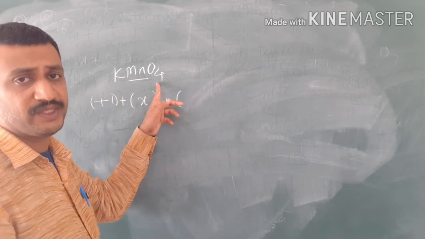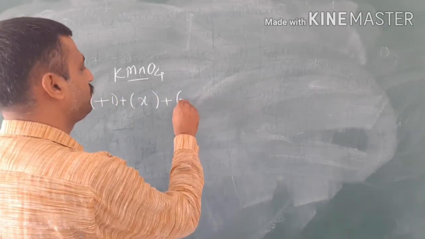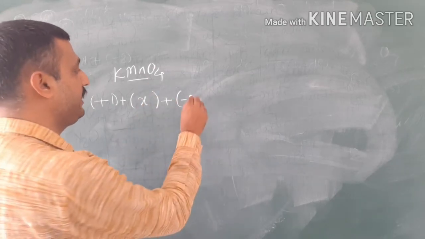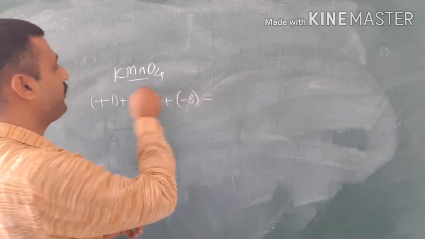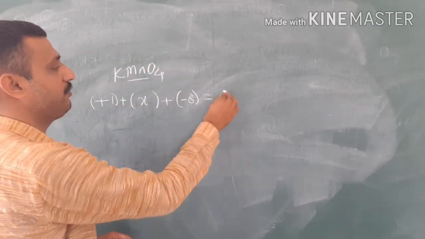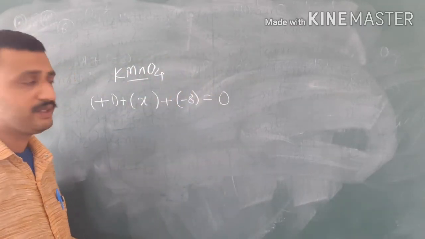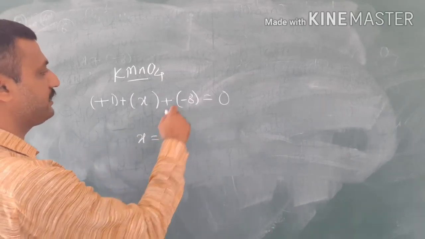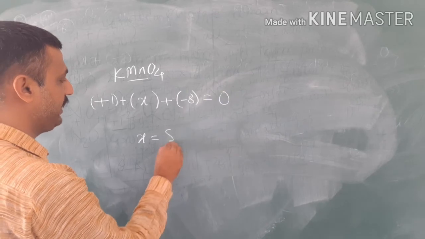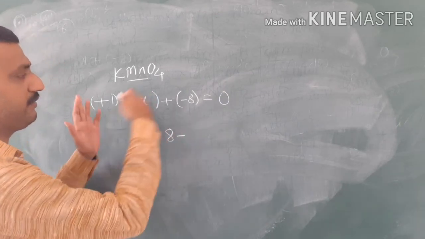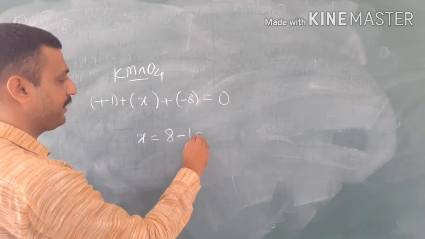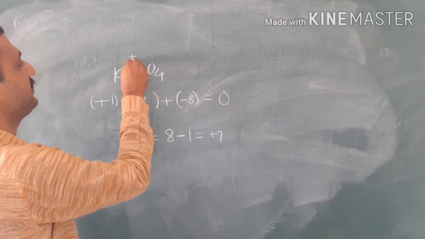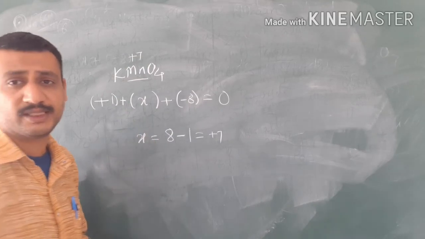So 4 oxygens carry a -8 charge. Single oxygen is -2, so 4 oxygens give -8. And the sum of the oxidation states of all species is 0, because KMnO4 doesn't carry any charge. So x equals, the -8 moving to the right side becomes +8, and the +1 moving to the other side becomes -1. So 8 minus 1, the answer is +7. So the oxidation state of manganese in KMnO4 is +7.